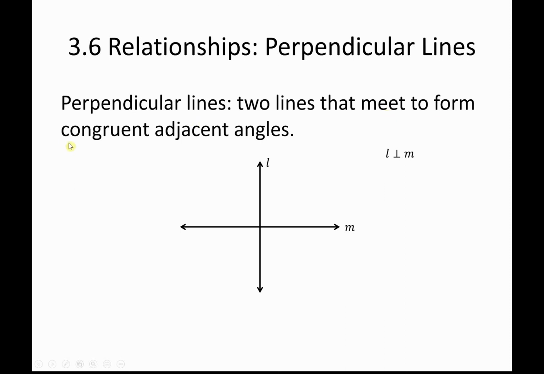And they're forming congruent adjacent angles, which is to say that when two lines intersect, no matter if they're perpendicular or not, always 1, 2, 3, 4 angles emerge from the intersection. So you get to say that angles 1 and 2, since they are adjacent to each other, are congruent according to this definition.